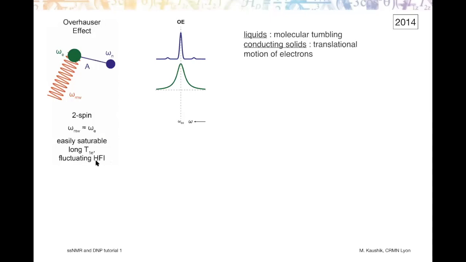Let's first see what the Overhauser effect is and where the DNP field profile should be. Here it's a two-spin process. And the matching condition is that the microwave frequency should be equal to the Larmor frequency of the electron. And therefore, in the field profile, the DNP field profile is at the same position as the EPR line.